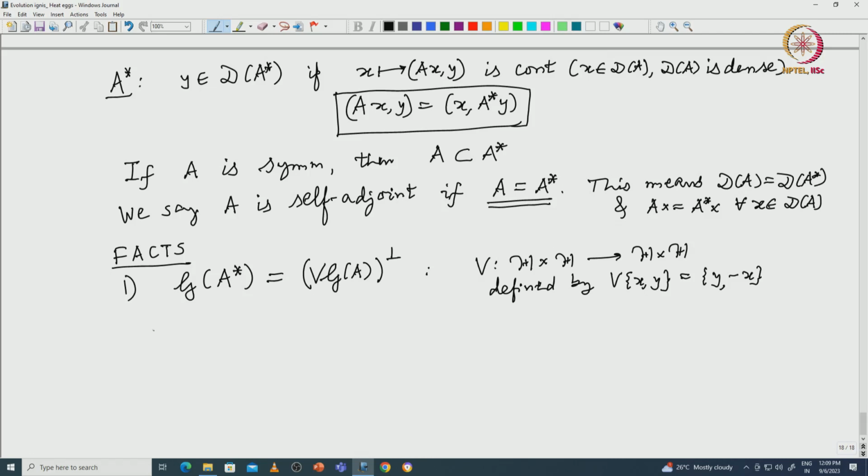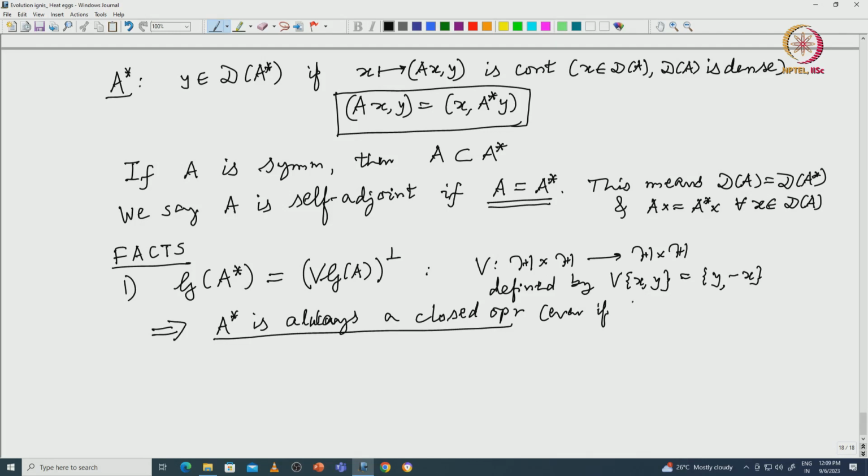So, this implies A star is always a closed operator, even if A is not. Okay, so this is one interesting thing.